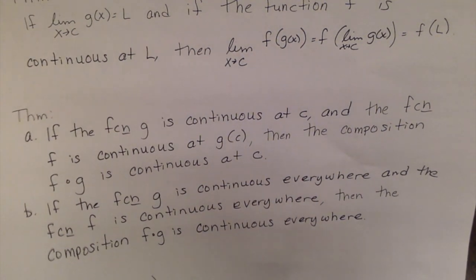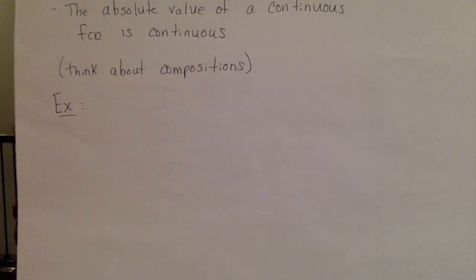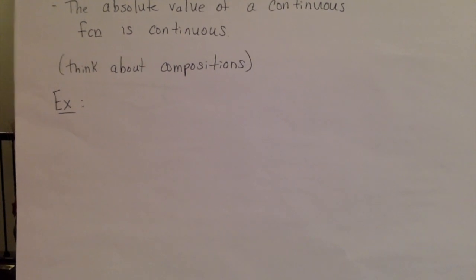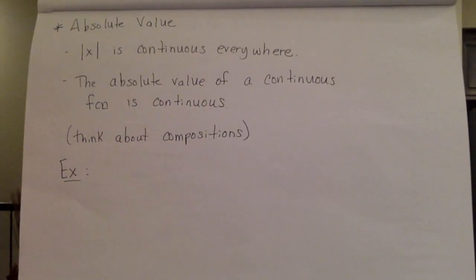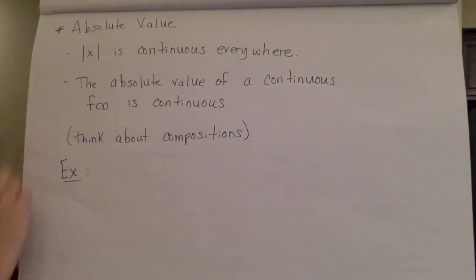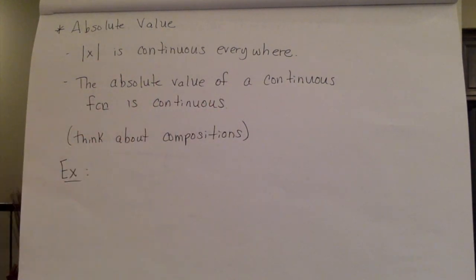Next, absolute value. What we're going to find out is that the absolute value of x is continuous everywhere. Therefore, the absolute value of a continuous function is also continuous.